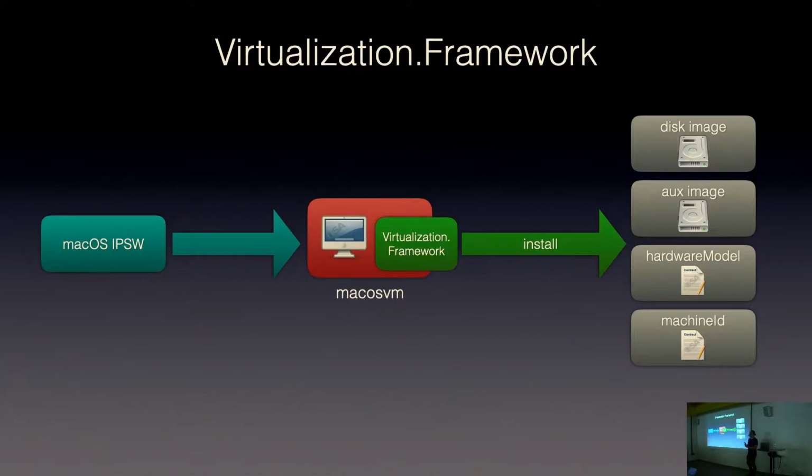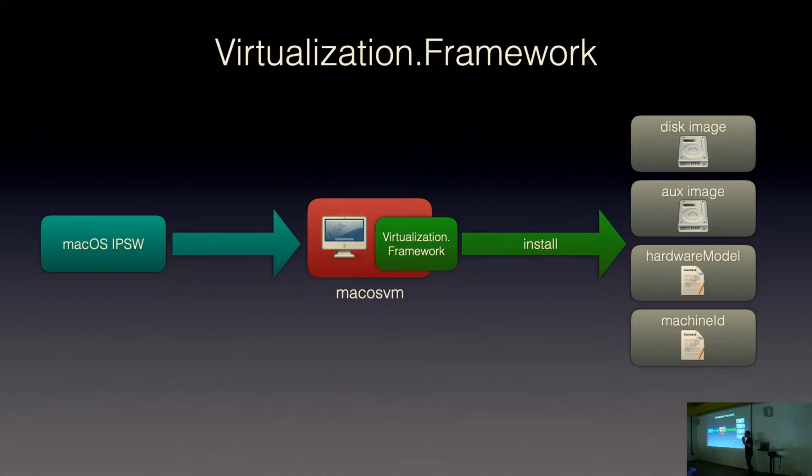What happens if you try to create a virtual machine there is you first need to install it. Apple doesn't ship installers anymore. What they ship are recovery images, because everything these days is a phone. I'm not kidding you, you get this picture across the presentation. Everything is a phone. You get this recovery image that you would usually use to recover a phone, and instead of recovering the phone, you recover your virtual machine from there.